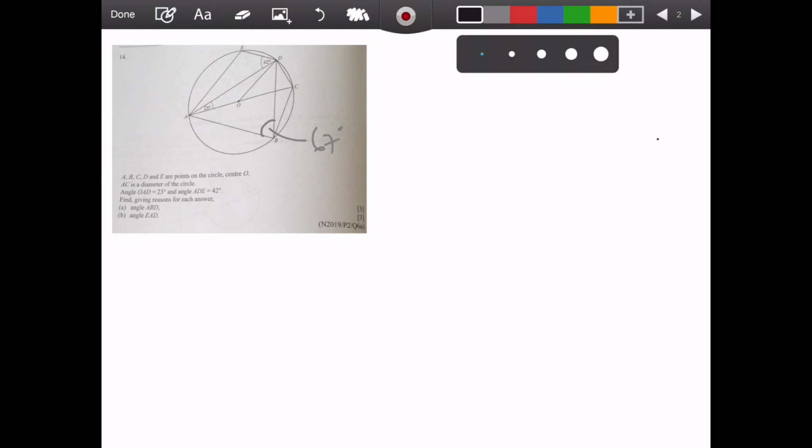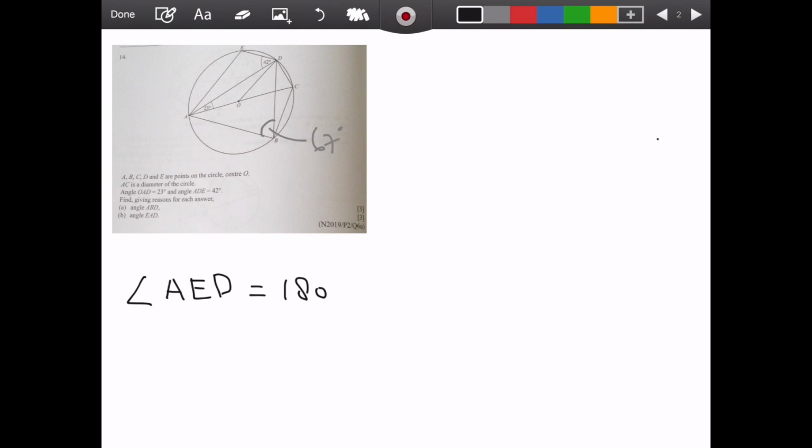So let me write it down. Angle AED is equal to 180 degrees minus angle ABD, right? And this is angle in opposite segment.